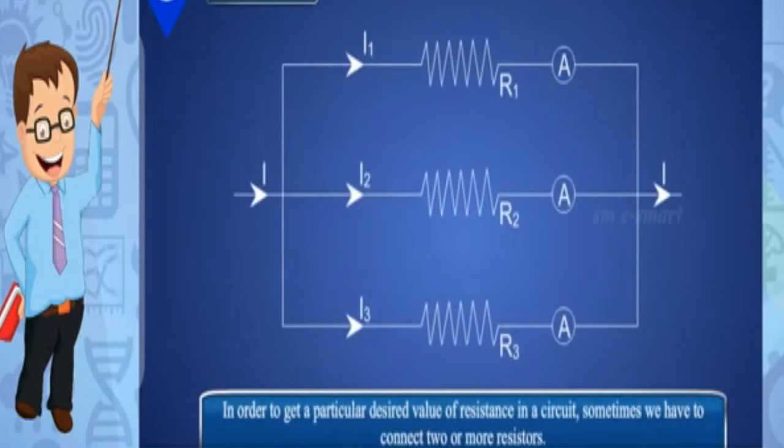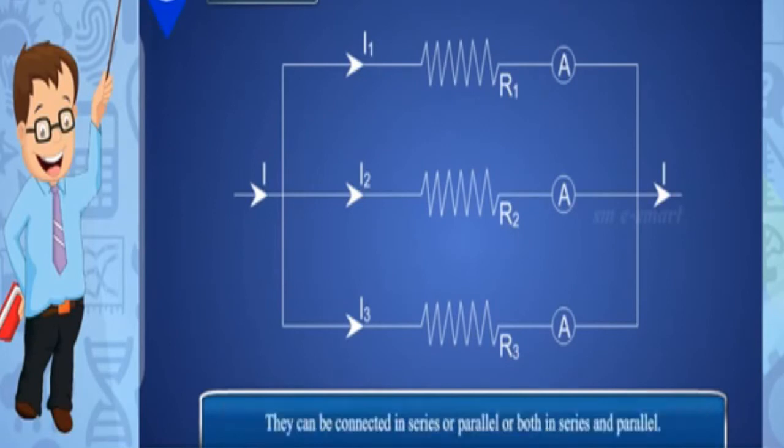Combination of resistors. In order to get a particular desired value of resistance in a circuit, sometimes we have to connect two or more resistors. They can be connected in series or parallel or both in series and parallel.